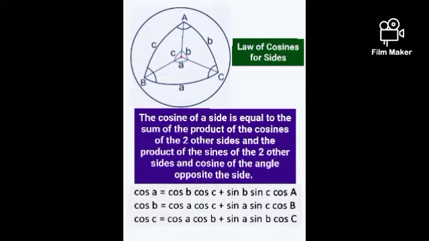We write the law of cosines for sides in symbols. We consider the spherical triangle shown in the diagram, and we start with side small a.